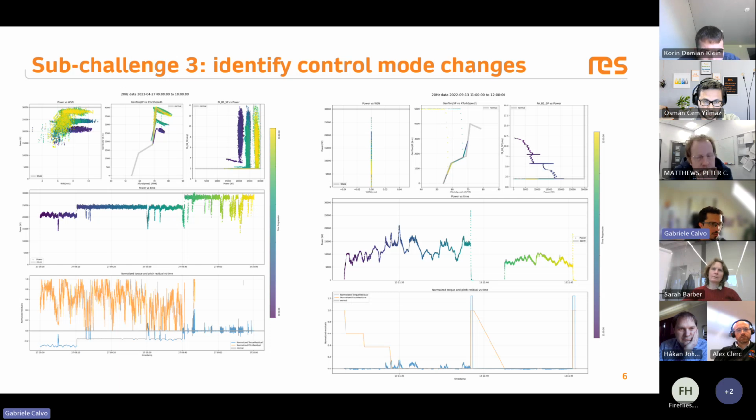I'm not sure how much you can see from the slide, but at the top middle you have the generator torque versus turbine speed, and you can see those dips. The plots were used to manually look through and detect where we think there was a change.